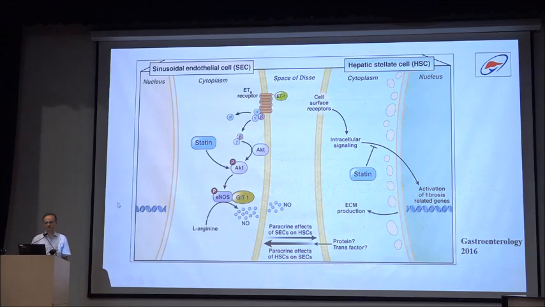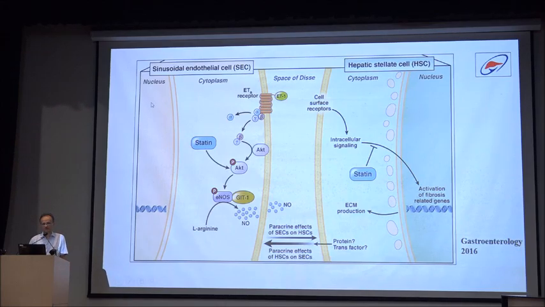They act primarily on 2 cells, the sinusoidal endothelial cells, where, as we see here, this is ET-1, endothelin-1, which binds to the ETA receptor and causes vasoconstriction, which is the pronounced effect of endothelin.